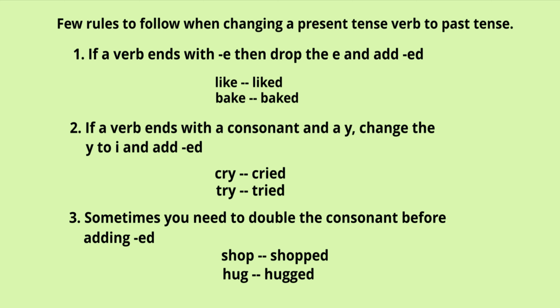Sometimes you need to double the consonant before adding ed, like in shop. So what do we do? We are doubling the consonant. That means we are adding another p and then an ed at the end. Shop became shopped. Hug became hugged. She hugged me. She likes to hug me.